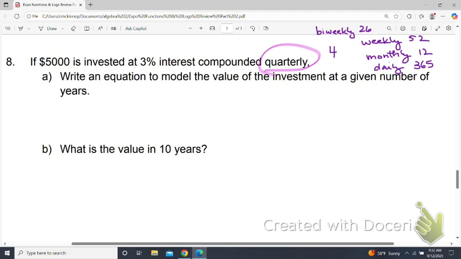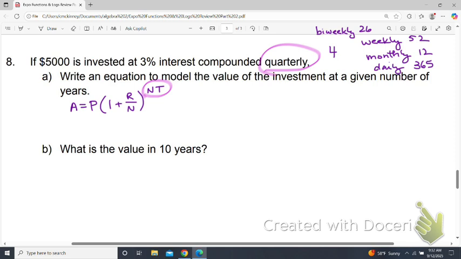So our final amount that is in the account is equal to the generic formula: principal times 1 plus the rate divided by the number of compounding periods, and then the power is the number of compounding periods times the number of years, so that this is the total number of compounding periods.